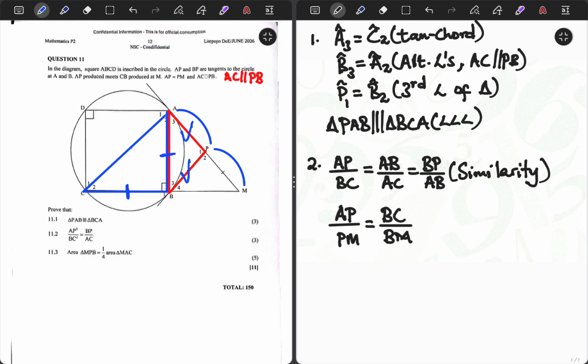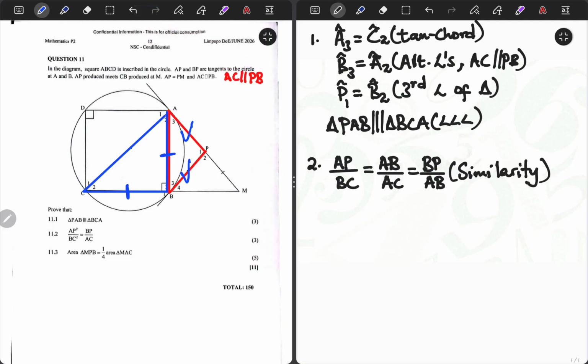No, it's not going to help us. There's no way we can use this, so this is not the way.